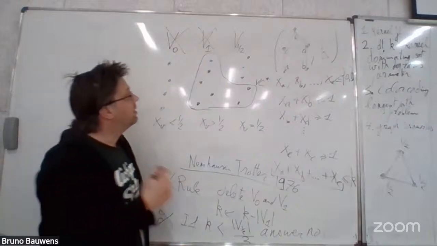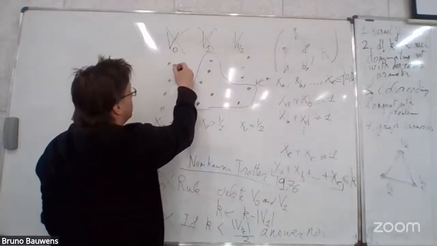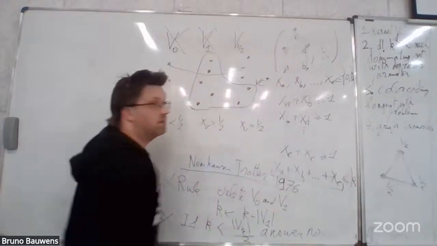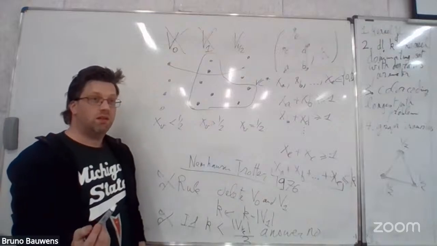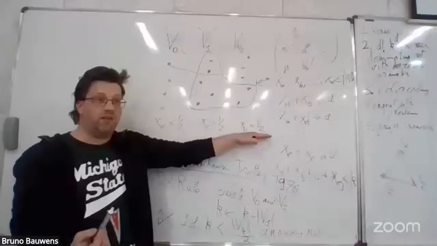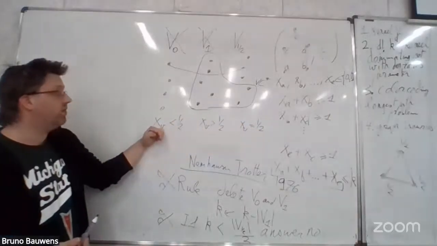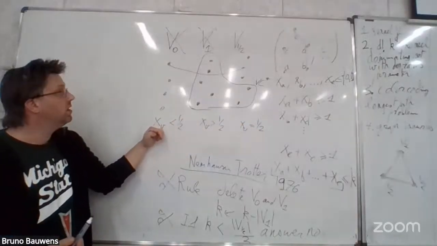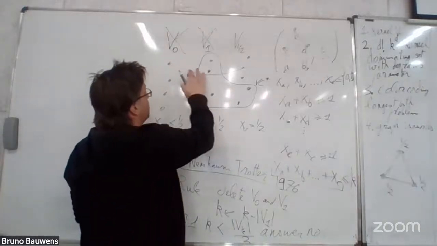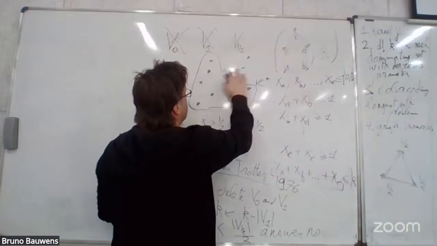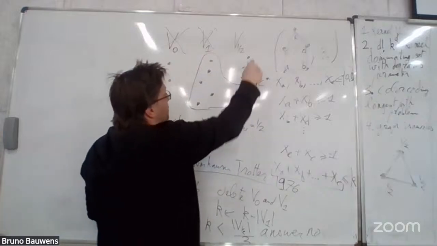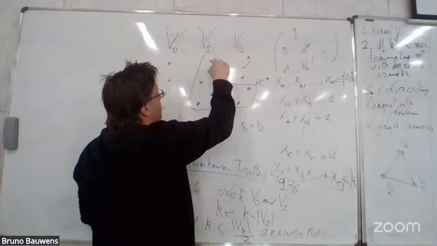Okay. Now let us think again. Can there be an edge like this? No. Here we have exactly 1/2 and here we have less than 1/2. So these edges we also don't need to worry about. But here there can be edges and here there can be edges.